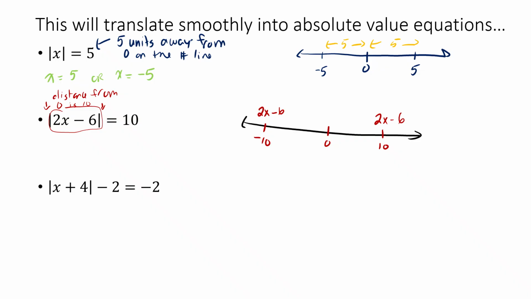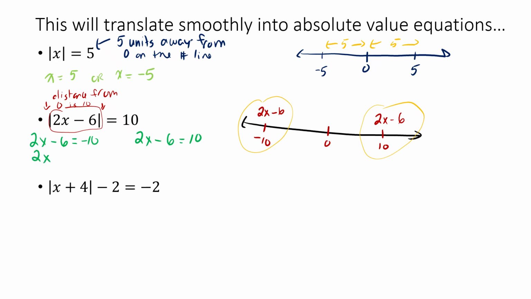So in other words, the 2x minus 6 is either equal to 10, which would give it an absolute value of 10, or it would be equal to -10. And that's going to allow students to set up both of their equations. 2x minus 6 is equal to -10, or 2x minus 6 is equal to +10.